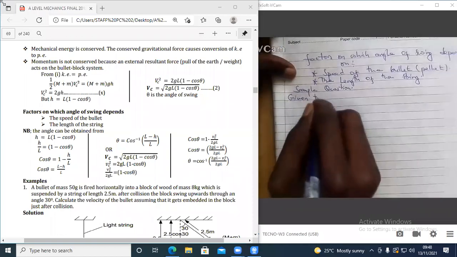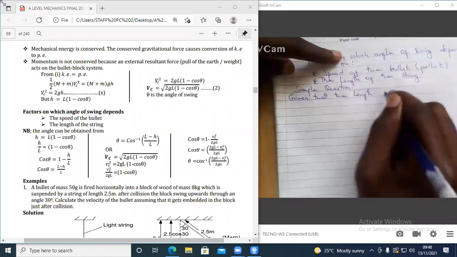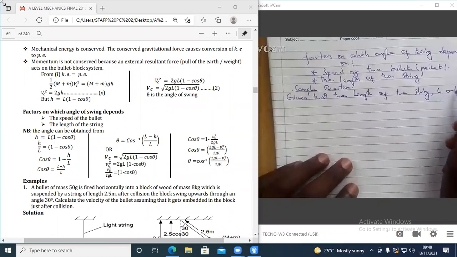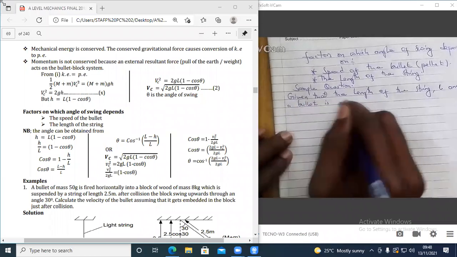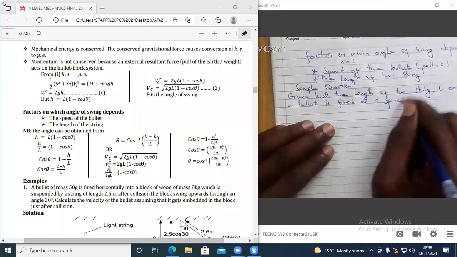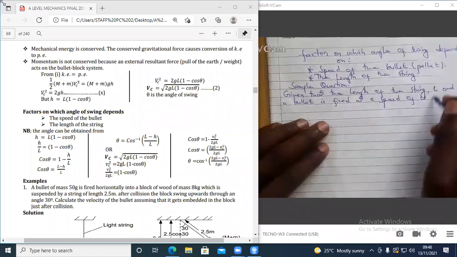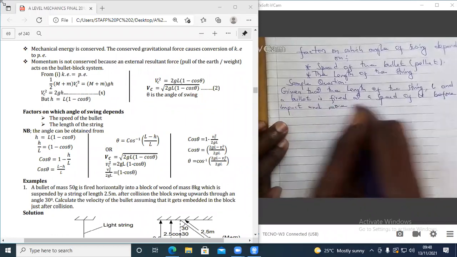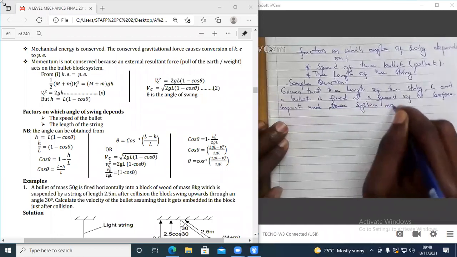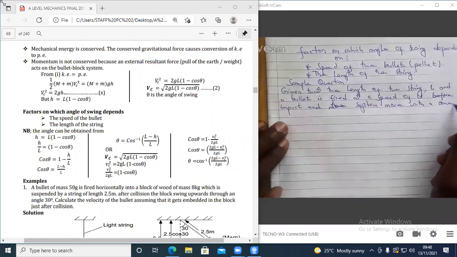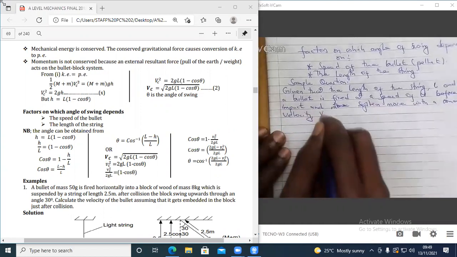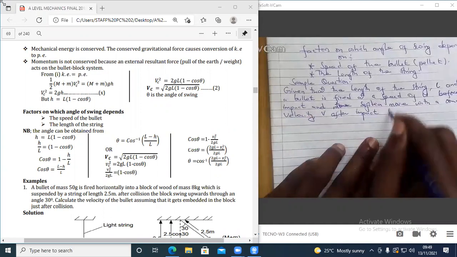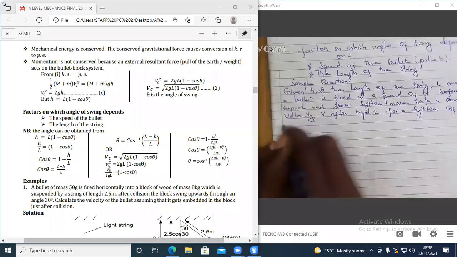Given the length of the string L, and a bullet is fired at a speed of u before impact, and the system moves with a common velocity v after impact, for a system of ballistic pendulum.